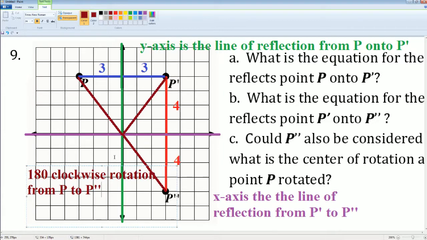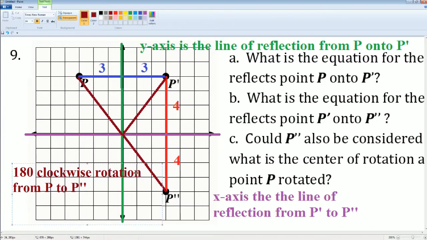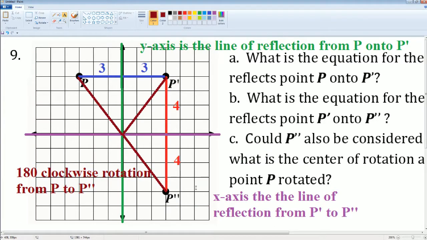The important part here for you to understand is that if you reflect over the y-axis, then reflect over the x-axis, it is the same thing as a 180-degree rotation. Let me repeat, because again, that is very important.